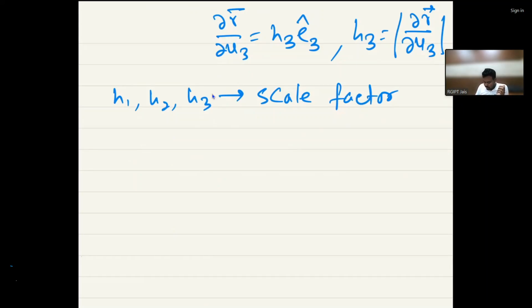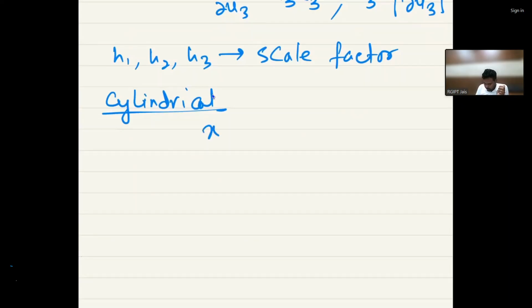Okay, so in case of cylindrical coordinate system, what we told you? We told you that x equal to rho cos phi, y equal to rho sin phi, and z equal to z.